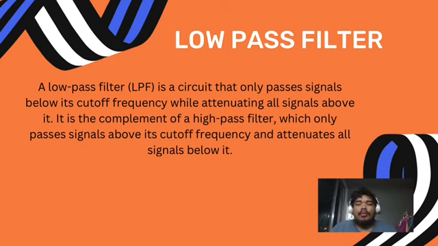So, if we take the circuit where the FM wave will be demodulated through the output, but before the FM wave could be demodulated, it will go through the process of a low pass filter. The low pass filter only allows the low frequency components of the signal to pass through and blocks the high frequency components.